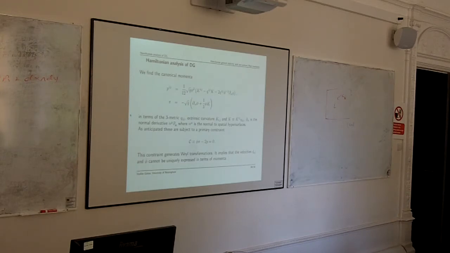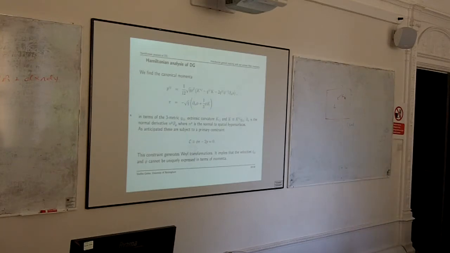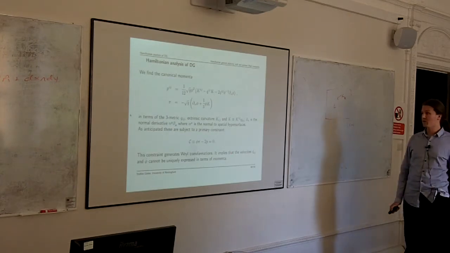From the Lagrangian is the extrinsic curvature. K is just the trace of the extrinsic curvature contracted with the 3-metric. And this partial n here is for the normal derivative along the normal to spatial hypersurfaces. Yeah, again, these quantities will be familiar to anyone who's looked at canonical GR.